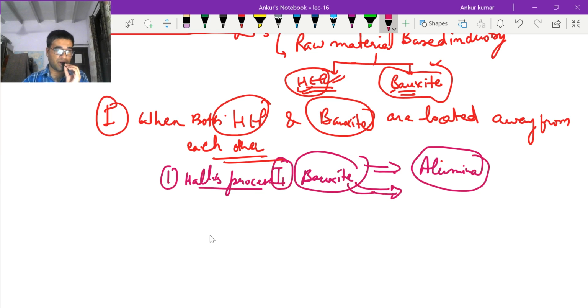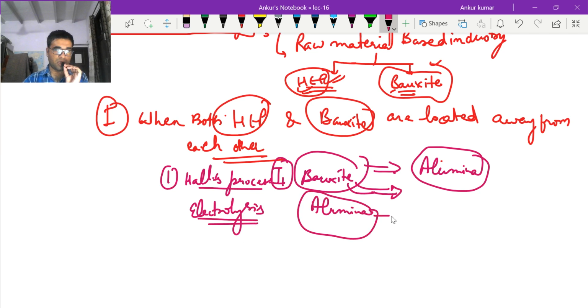The second process, that is the electrolysis. Okay, for electrolysis we need electricity, that's why this process of converting alumina into aluminium is located close to the HEP center.